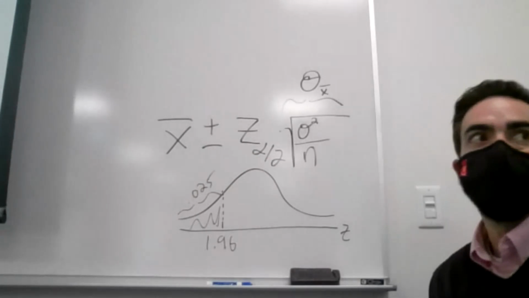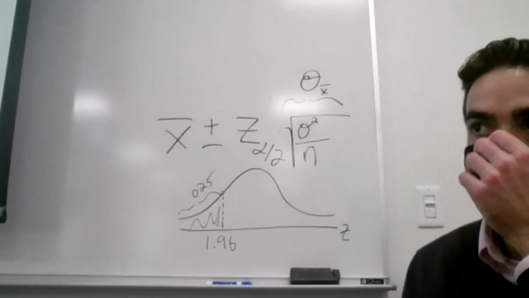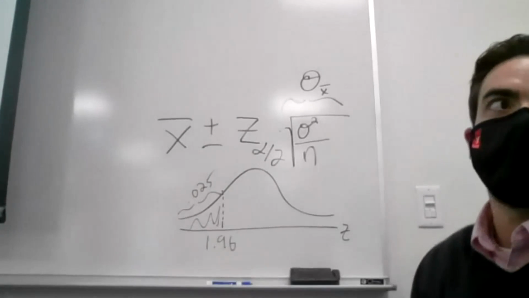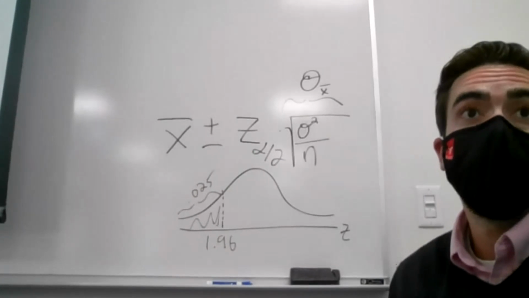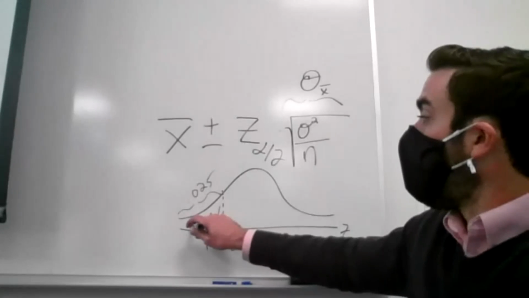If I want to say something with a higher level of confidence, right, going say from 95 to 99, let's say this is a 95% confidence level z-score. Higher levels of confidence correspond to smaller alpha values. Smaller alpha values, if I divide it by 2, that's going to be a smaller area in the tail.